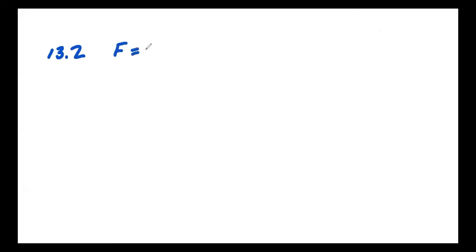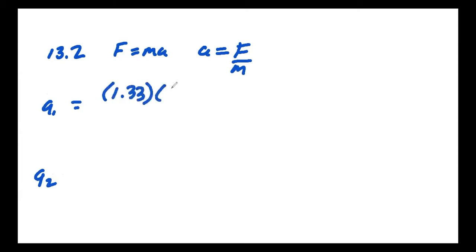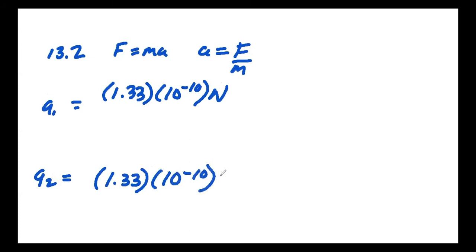F equals ma, so a equals F over m. A1 is the force we got, 1.33 times 10 to the negative 10 newtons, divided by the mass of the first sphere, 0.0100 kg.